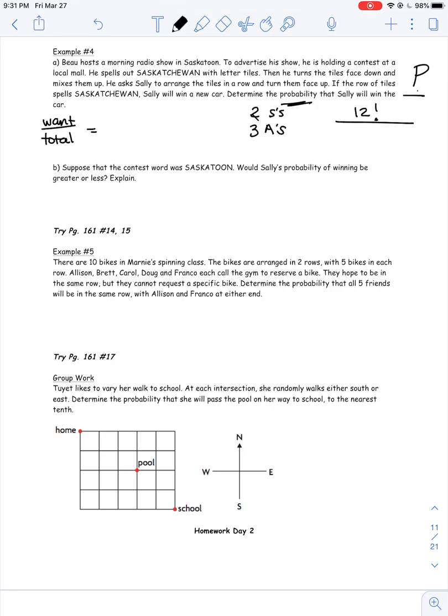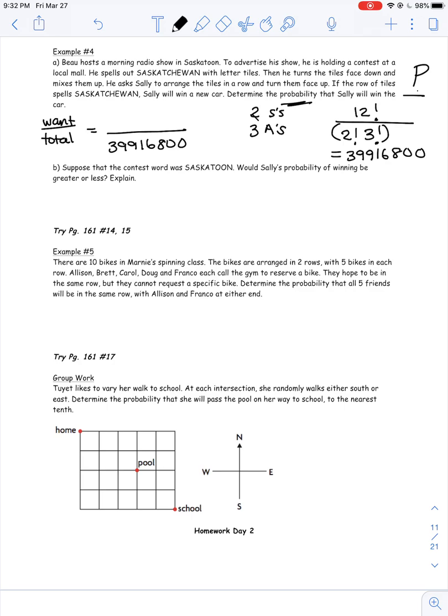So you want to check to see if there's any other things. So we got no more K's, no more T's, no more C, H, E, W, A, N. So check that there's no other things. So what we need to do is with the 12 factorial, we need to divide out 2 factorial and 3 factorial. And you put that in your calculator with brackets around it if you're doing it in one step, and you should get 39,916,800. Okay, so your total will be that number.